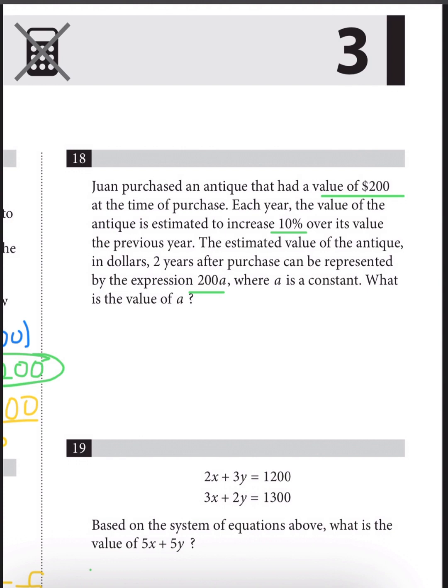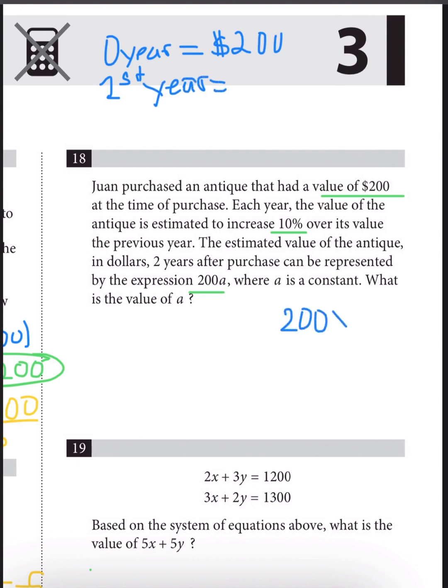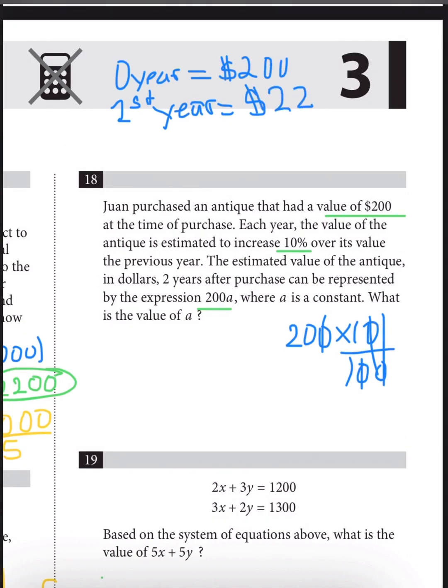Okay, in the 0 year, the antique in the beginning was only $200. The first year, let's see what it was. So 200 times 10%, so we're doing 10% real quickly, and then we get 220 the first year.